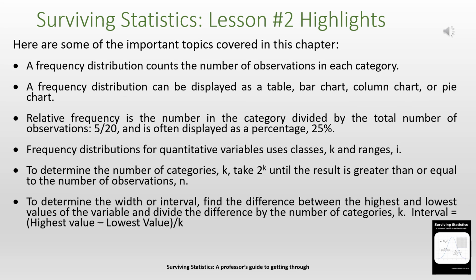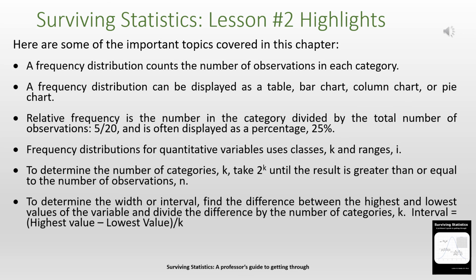Now, to compute a relative frequency, we take the number of observations in a specific category and we divide that by the total number of observations, and we usually display that as a percentage. When we're dealing with large data sets of quantitative data, especially a continuous variable, we need to determine how best to make a frequency distribution.